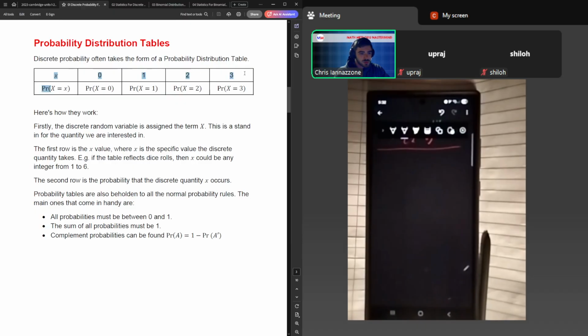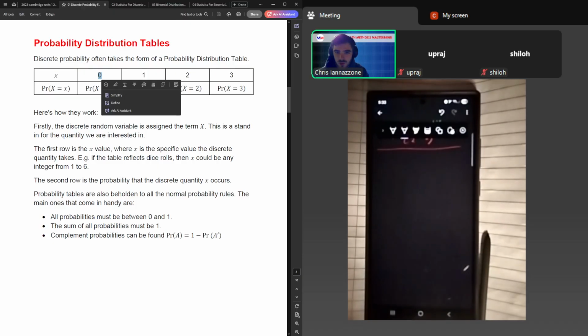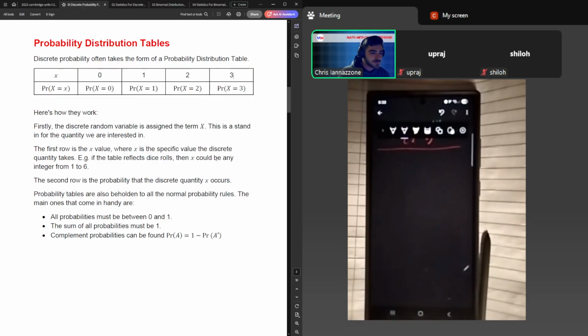So that's little x and all the possibilities there. As far as all the PR statements underneath, those are the individual probabilities of those particular outcomes occurring. So probability capital X equals 0 just means the probability that I drew 0 of those red balls, or whatever color I said initially. Those are the fundamentals around how the table works.